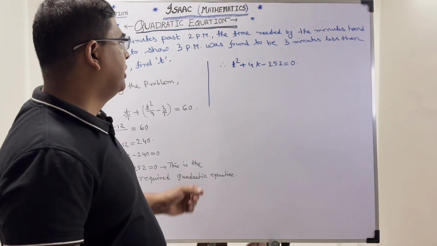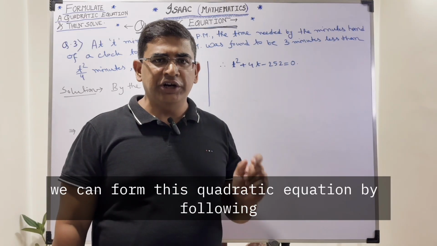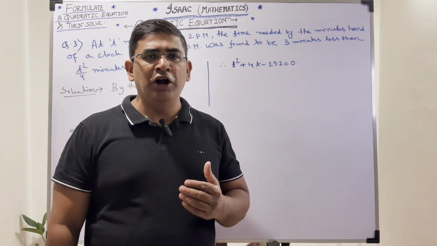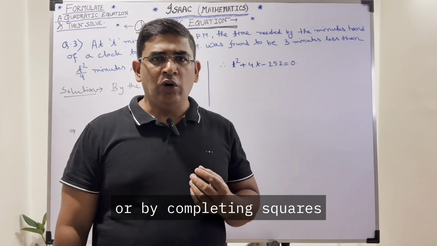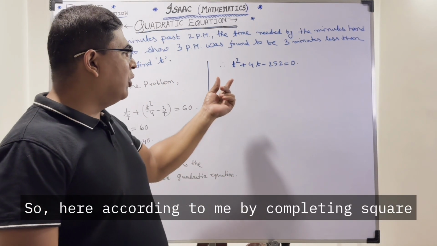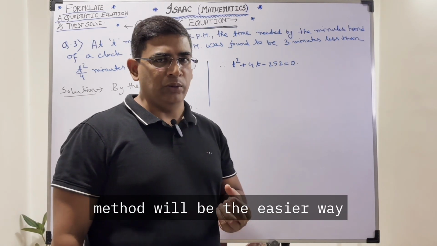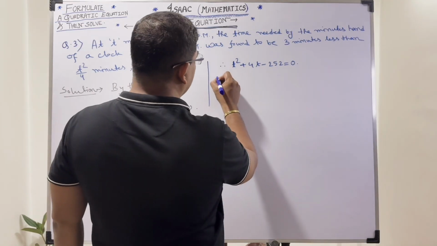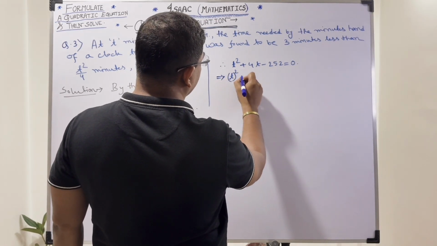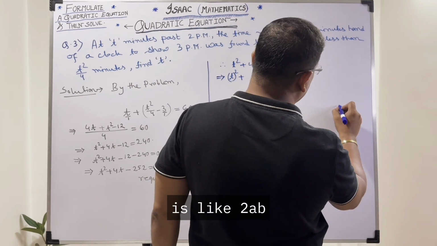So we can solve this quadratic equation by following middle term factorization or by completing squares or by following Sridharacharyya's formula. Okay. So here, according to me, the completing square method will be the easier way. Okay. T squared is like a squared and this 40 is like 2ab.